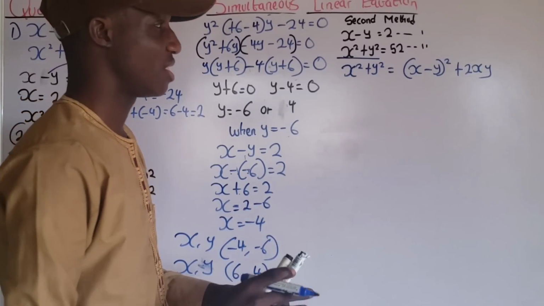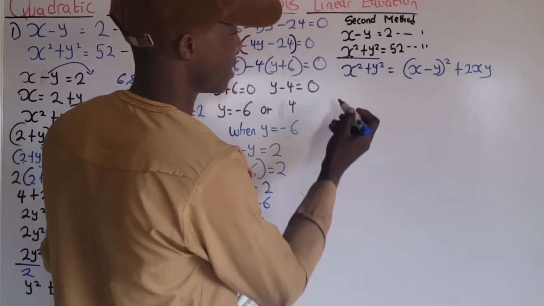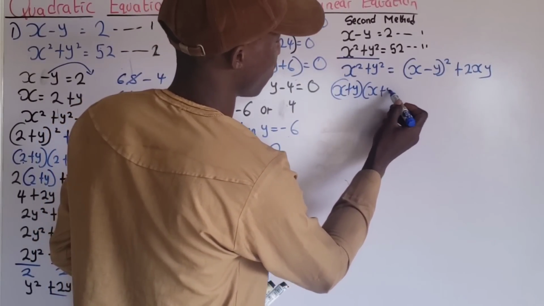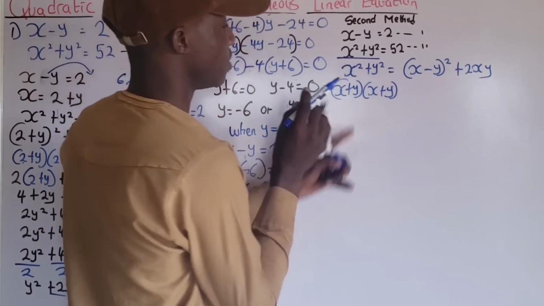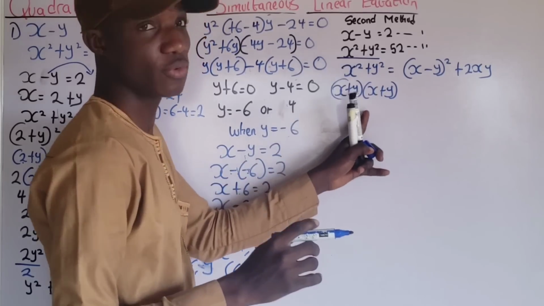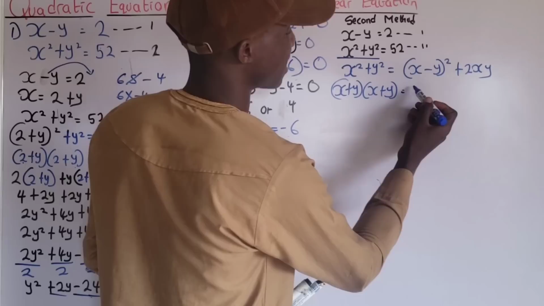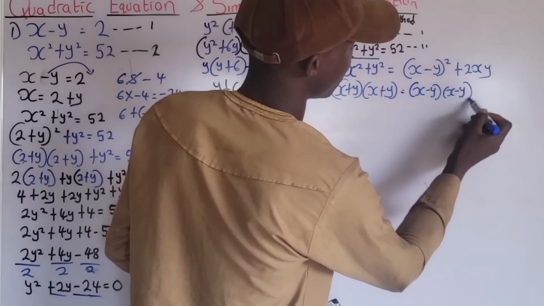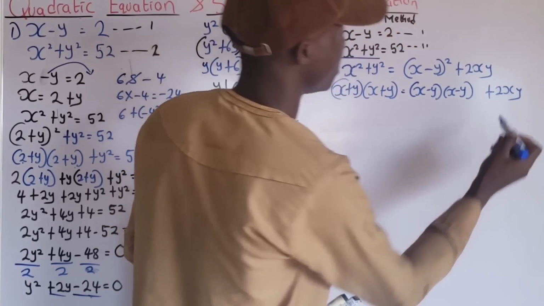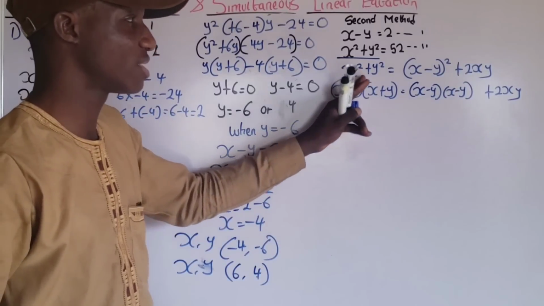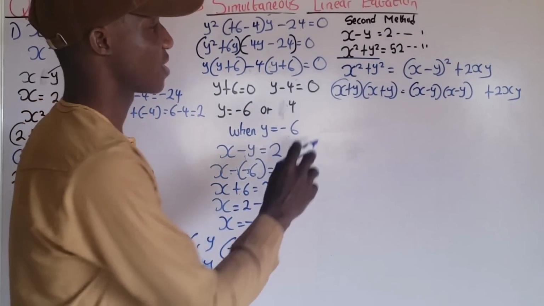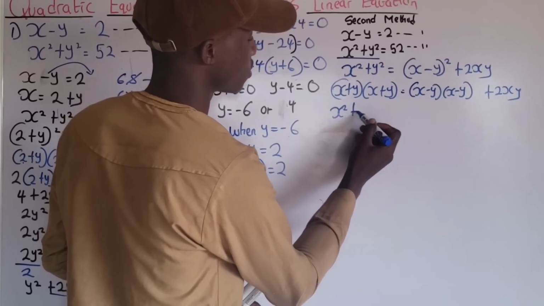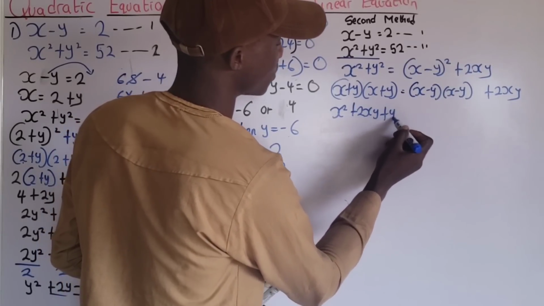Are you paying attention? Maybe I should quickly do that. (x plus y) squared, the expansion of x squared plus y squared, will give us this. And for the right hand side, I'm going to have (x minus y)(x minus y) plus 2xy. I just want to show you that this is equal to this. Now for the left hand side, I'm going to have x squared plus 2xy plus y squared.